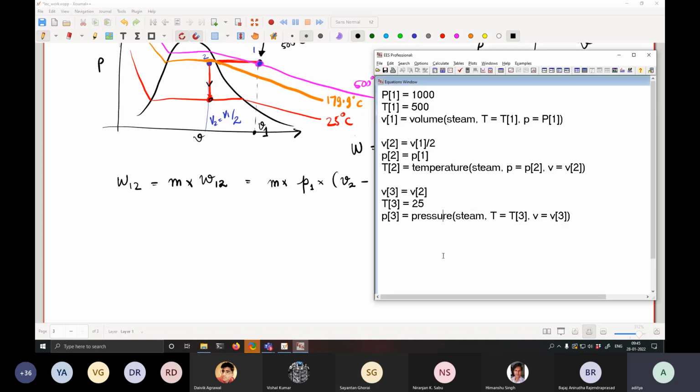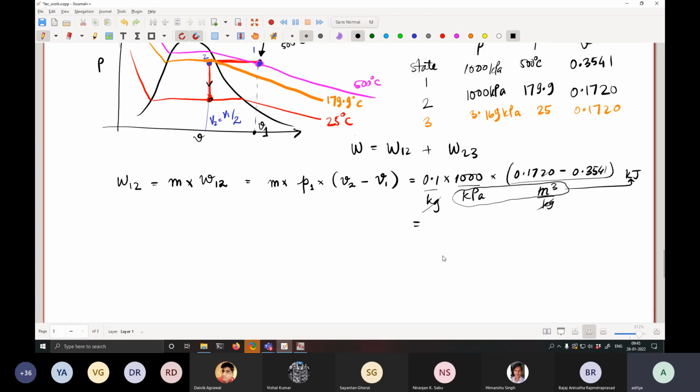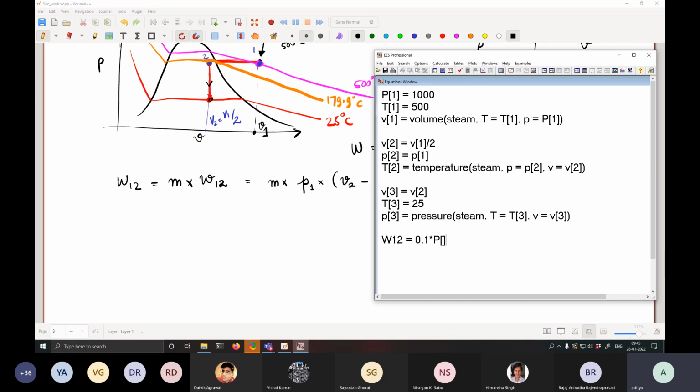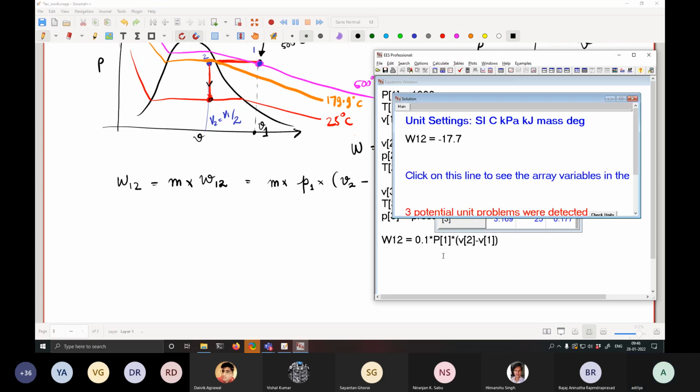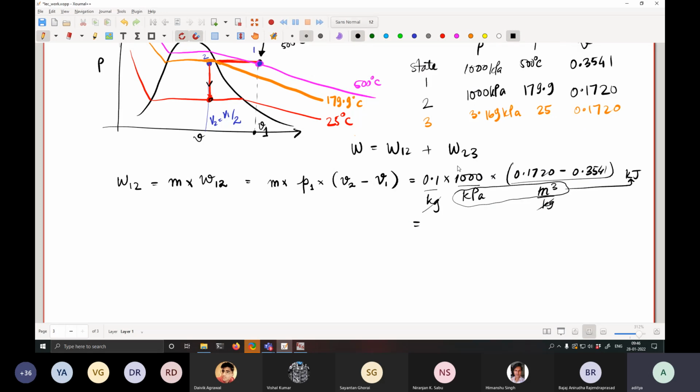So let's write it down. W12 is the mass, which is 0.1, times P1 times V2 minus V1. So work during process 1 to 2 is minus 17.7 kilojoule. And what does it mean?